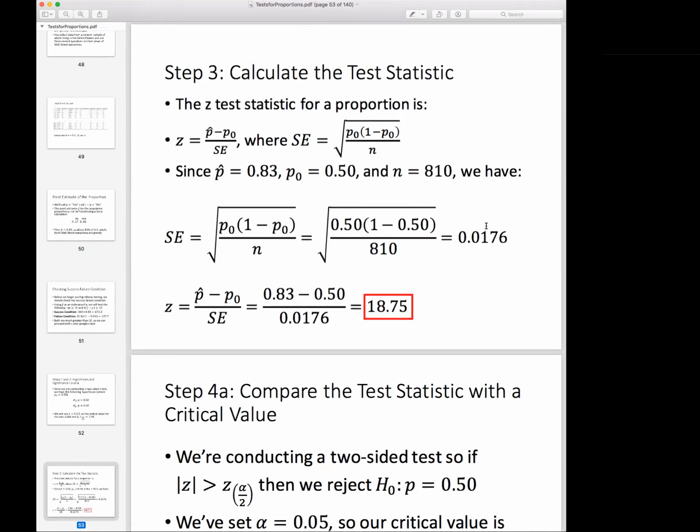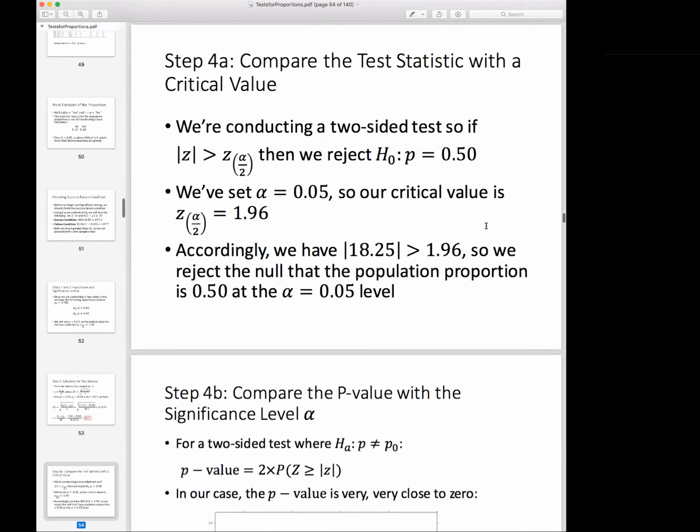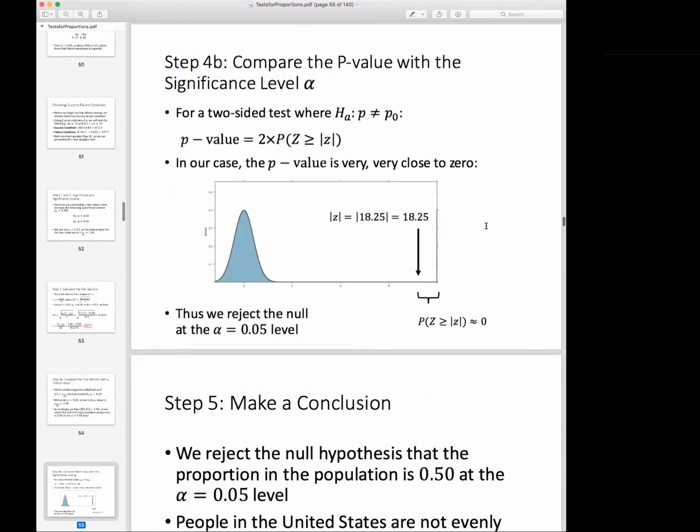And that's a very, very large test statistic, so for sure it's definitely going to be significant. So we're going to reject our null hypothesis, since 18.75 is much larger than 1.96. We'll conclude with the alternate hypothesis that the true population proportion is not equal to 0.5.